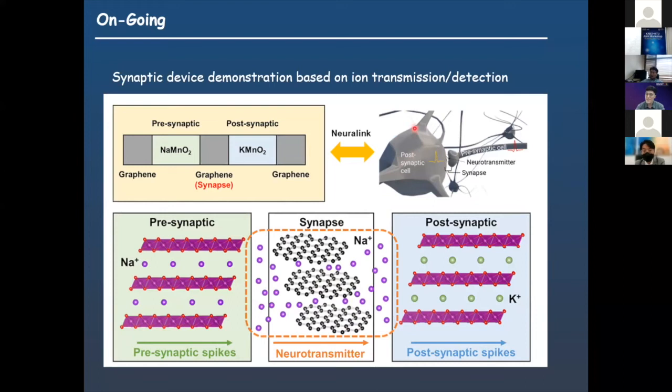So what we are looking for is, what if we can deliver communication based on alkali metal ions like this, so that we can design the pre-synapse and post-synapse, and then communicate between devices using alkali metal ions. And later maybe we can also put a real synapse on top of these devices. It can also generate neuron to electrical device communication as well. We can realize some new concept of devices as well.